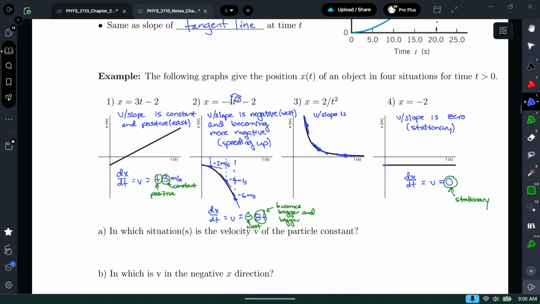It's decreasing until it comes to a stop. Yeah, so it's slowing down. And which way is it going? It's basically going west. Yeah, because the slopes are all negative. So the slope is negative and decreasing. They are slowing down.